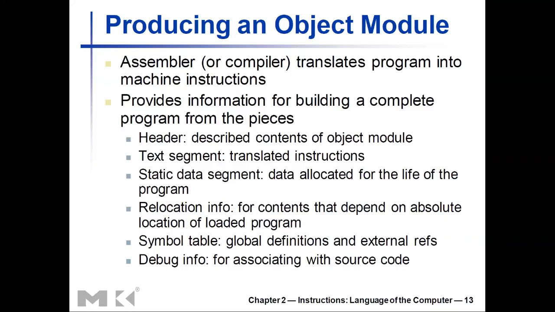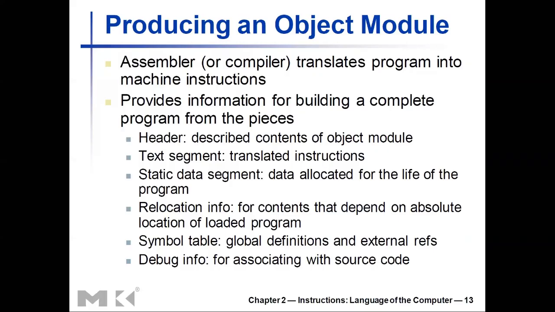So producing an object module builds a complete program from the pieces in the assembly program. Or if it is C, you first convert it into assembly and then do this.